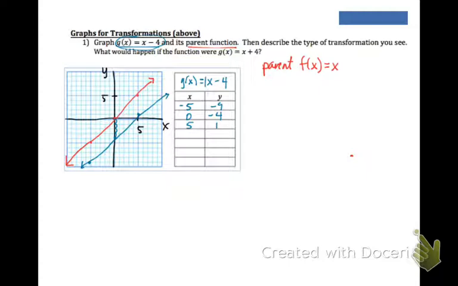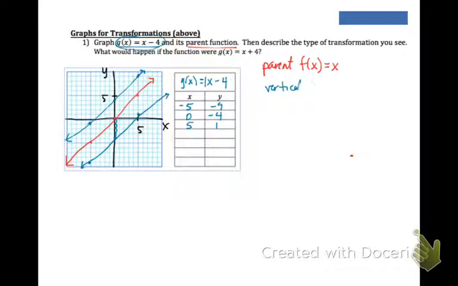Now, what do you think would happen if g of x were x plus 4? Well, I bet you can imagine it's going to shift 4 up. So to describe this transformation, we would say that this is a vertical translation, not a stretch.